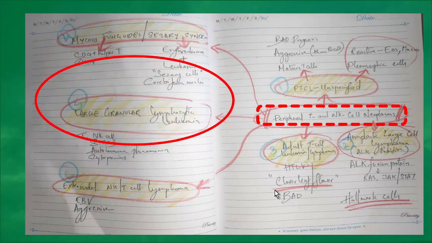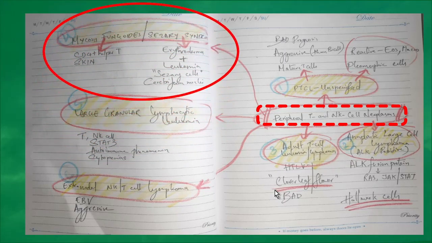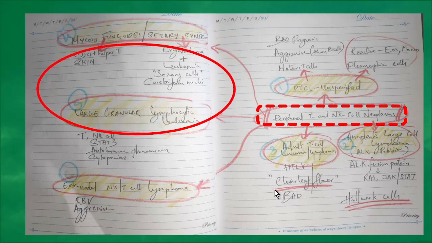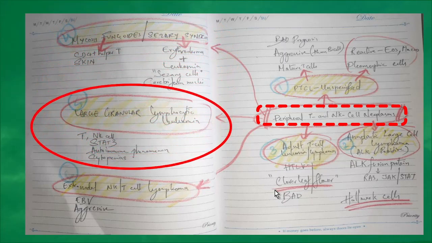In fact, mycosis fungoides has a few stages: an indolent plaque stage and a tumor stage. Go through it. Large granular lymphocytic leukemia, again T or NK cell, can cause autoimmune phenomena and cytopenias.